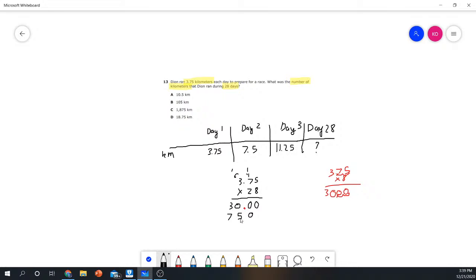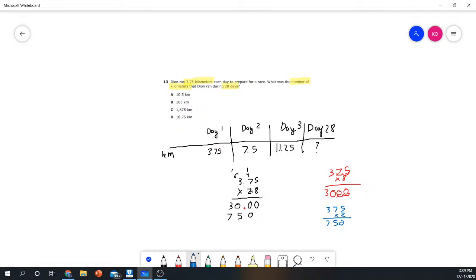If we were multiplying 375 times 2, our answer would be 750.